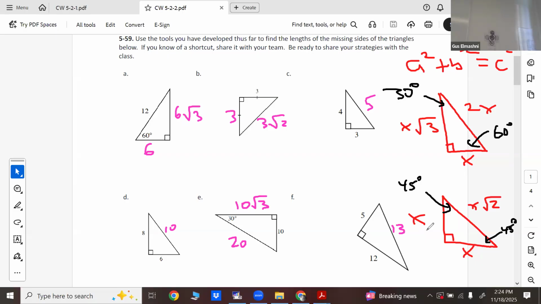Good. Okay, and then now I got to this side, right? So you root all of it.